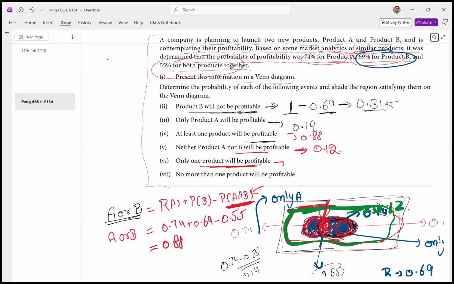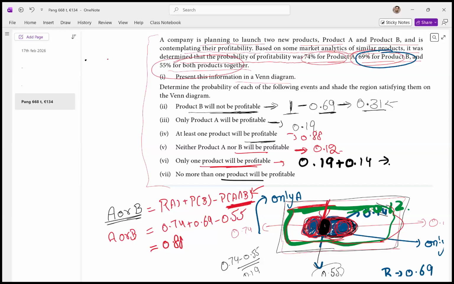So this portion, the one which I am trying to color with the black, I have to subtract. So it will be 0.19 plus 0.14, that will be the answer for that portion, 0.33. Only one of the products is profitable.